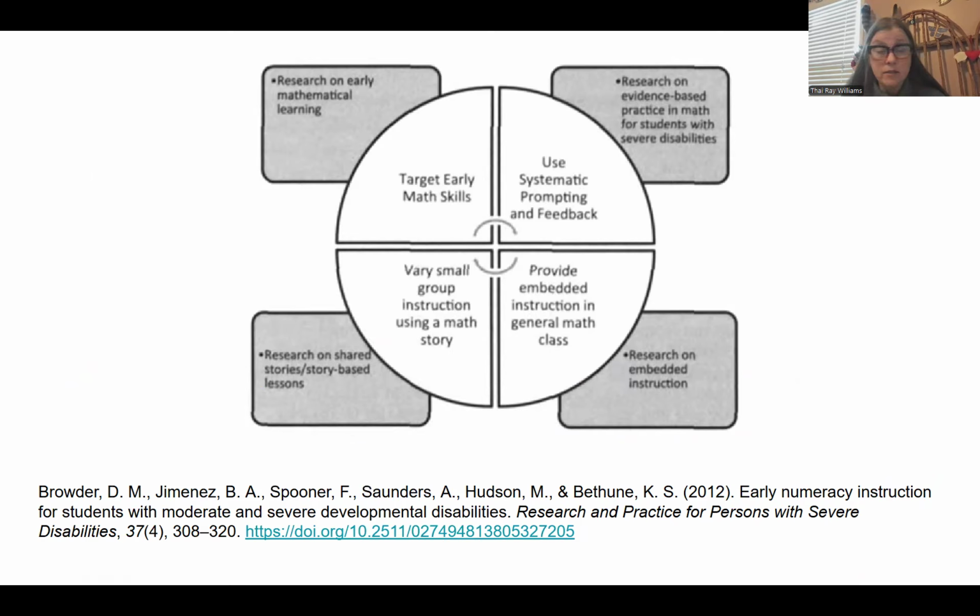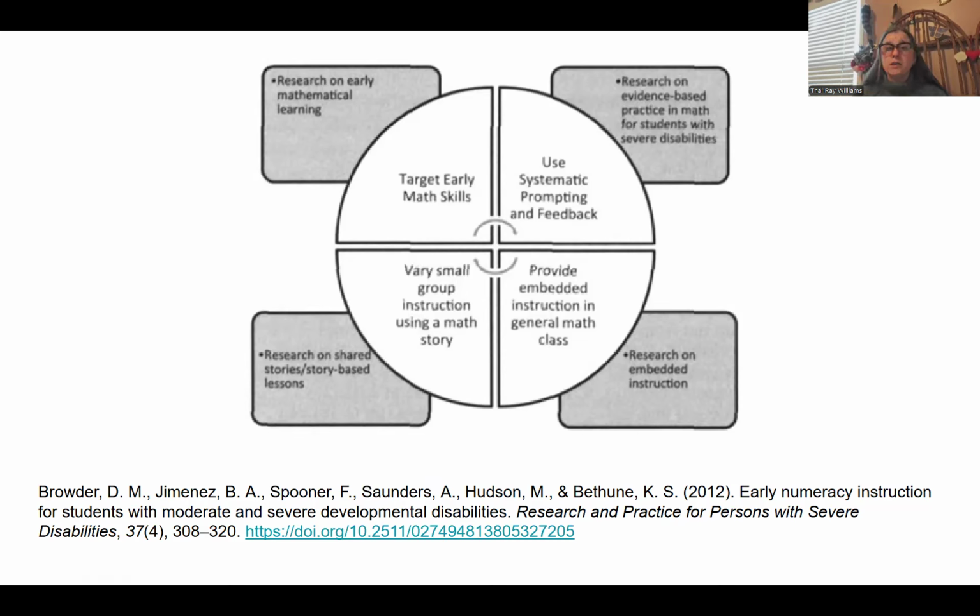So number identification, making a set, doing addition and subtraction. You need addition in order to do multiplication. So we have to really make sure that we are targeting those early math skills and that we are practicing them. We are giving multiple and repeated opportunities to practice across a number of different contexts because the only way students can do more complex math skills is if they have a strong foundation.